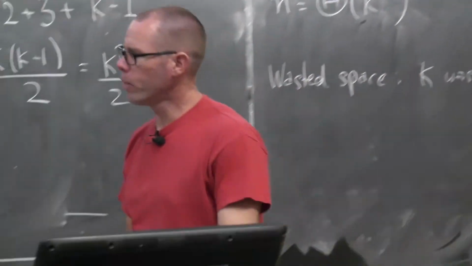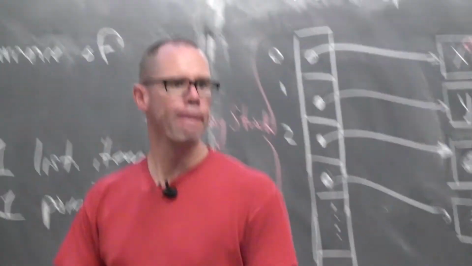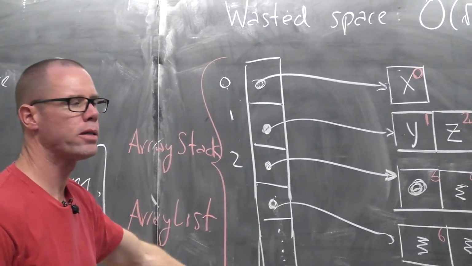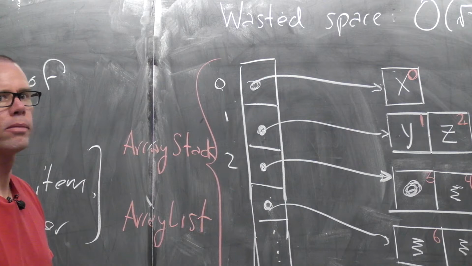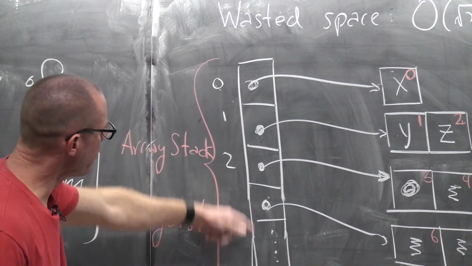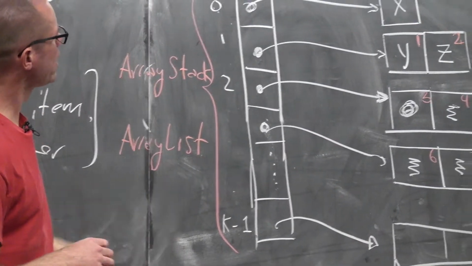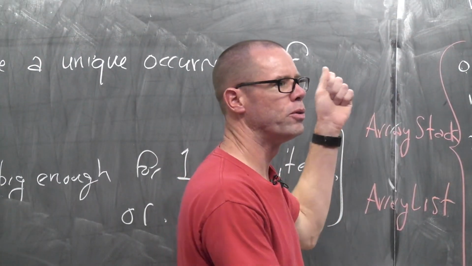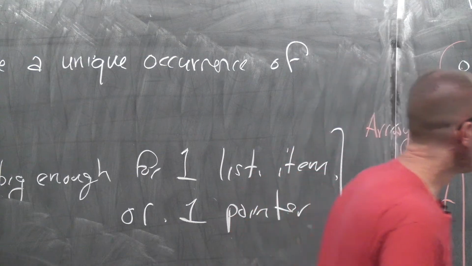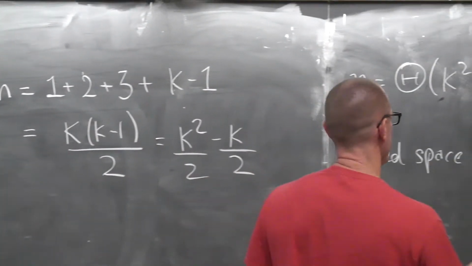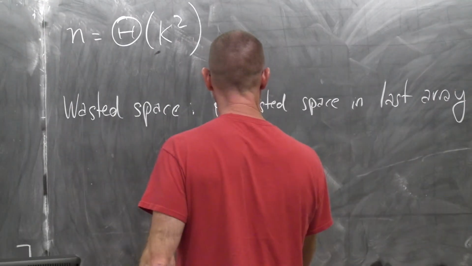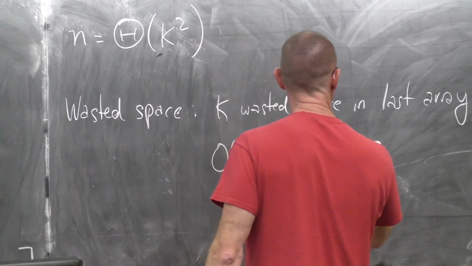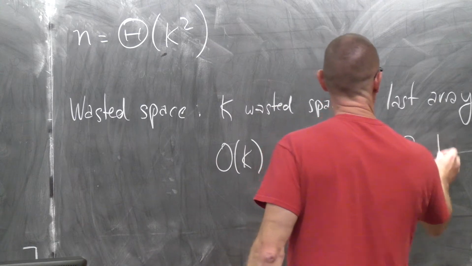Where else do we have wasted space? In this array stack, that's all wasted space. How big is it? It has k items in it. It's a growable list, so it might be twice as big as necessary. So maybe it's 2 times k or 3 times k. So we have at least a constant times k wasted space for the array stack.